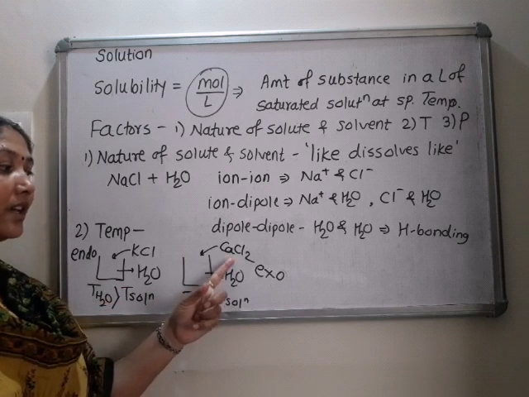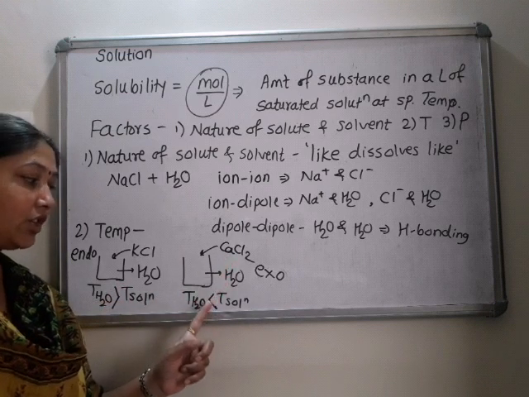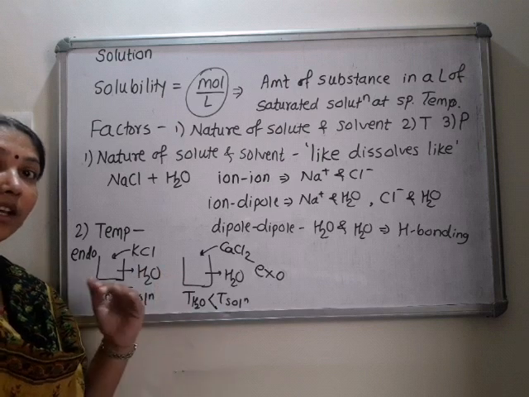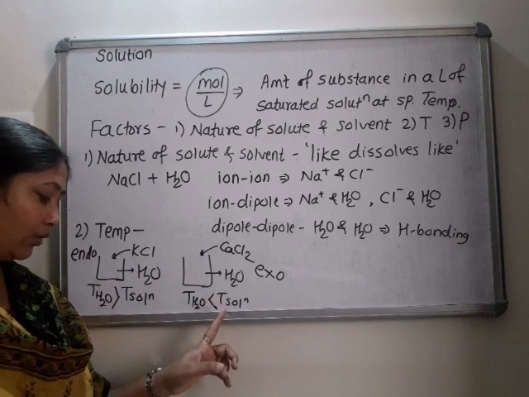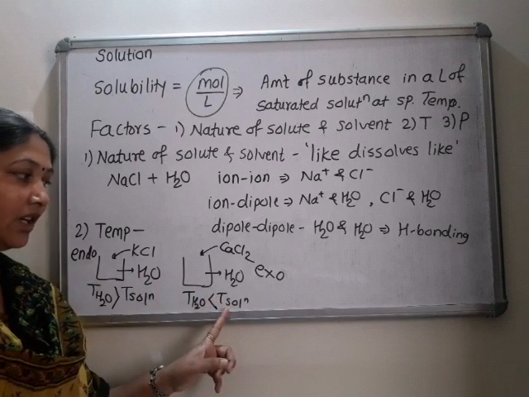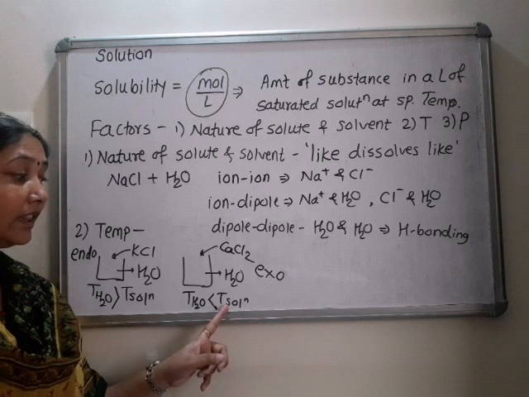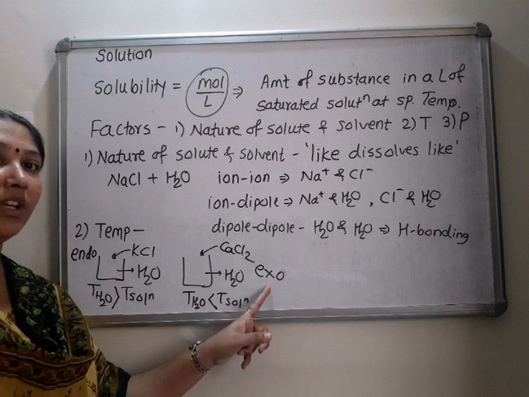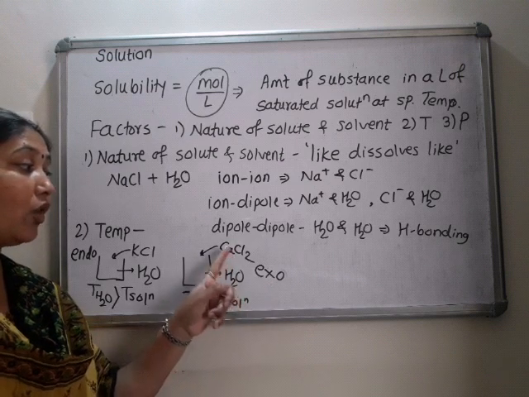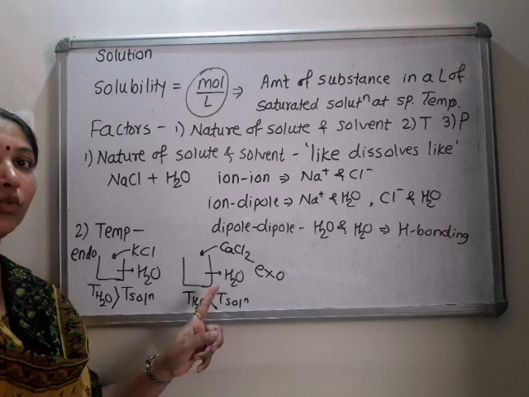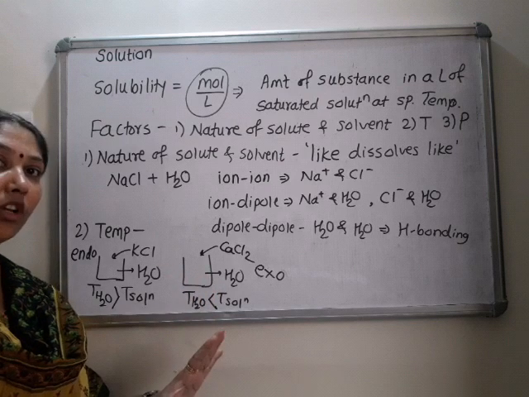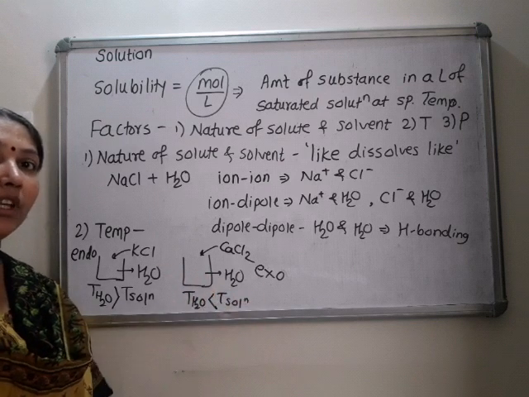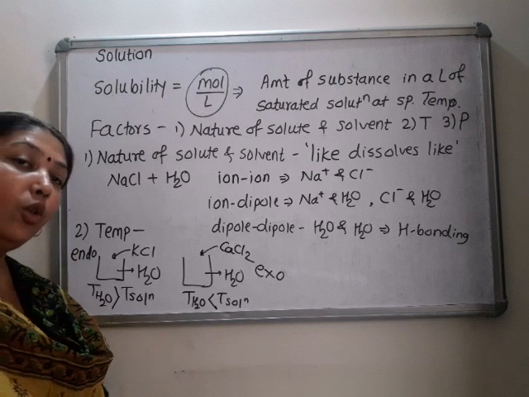In this case, when CaCl2 dissolves in water, heat is released, energy is given out, and therefore the temperature increases. So it is an exothermic process. To dissolve more and more CaCl2, we have to start with cold water, because an exothermic reaction is spontaneous at low temperature.